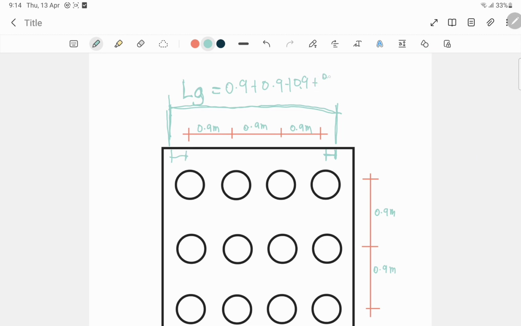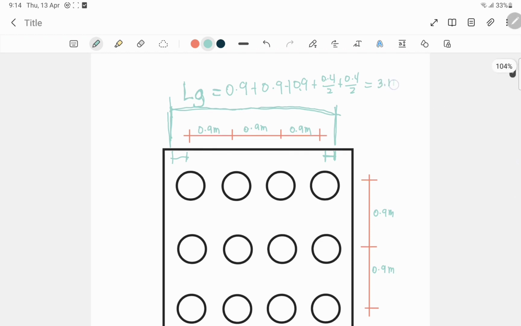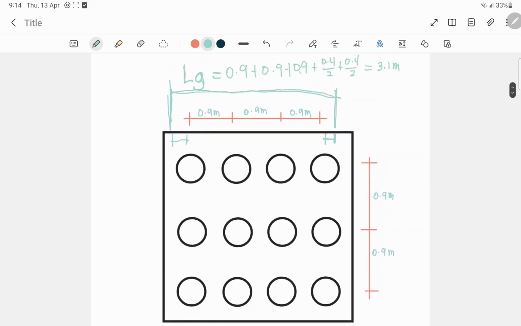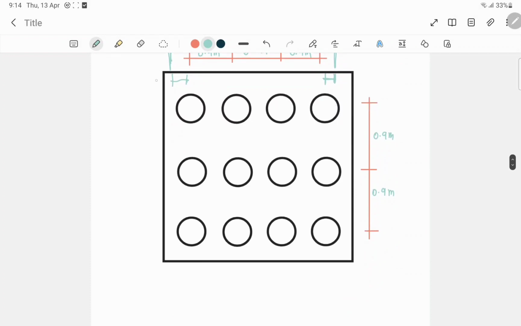Plus 0.4 over 2 plus 0.4 over 2 is equal to 3.1 meters.